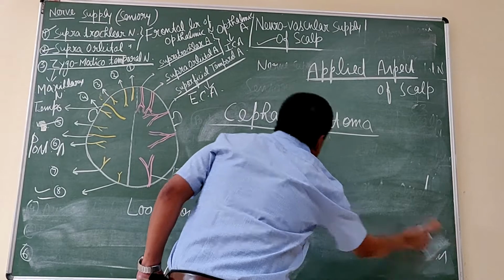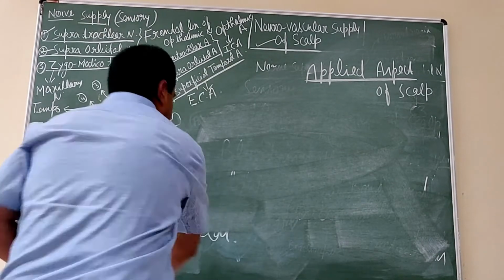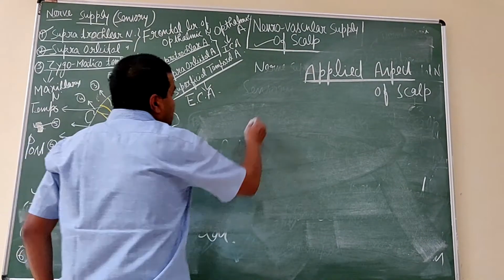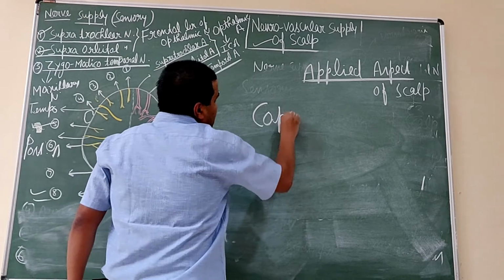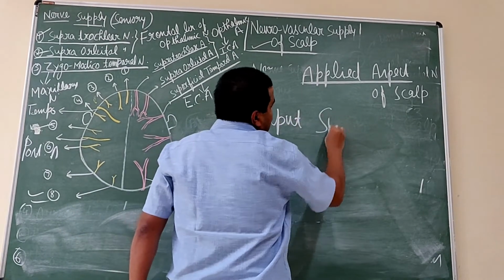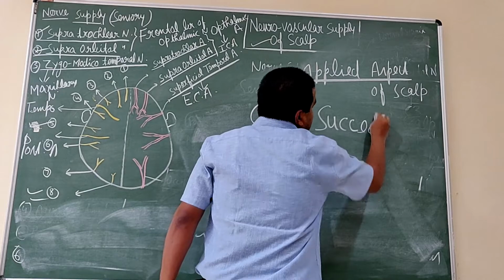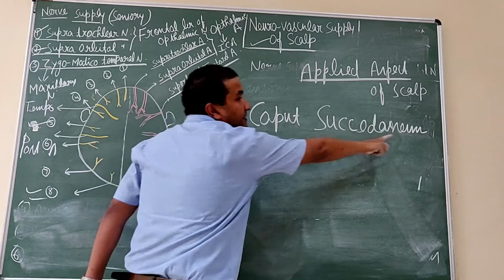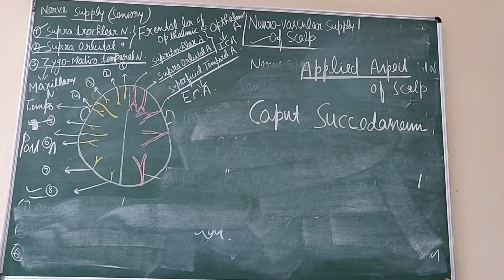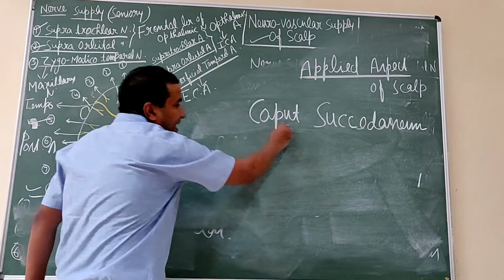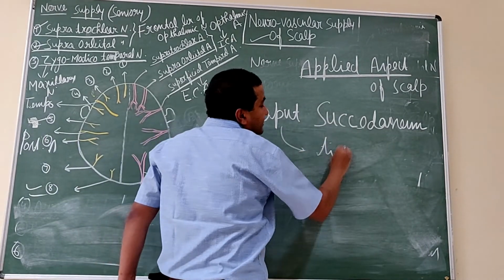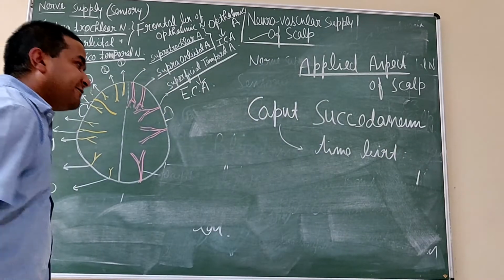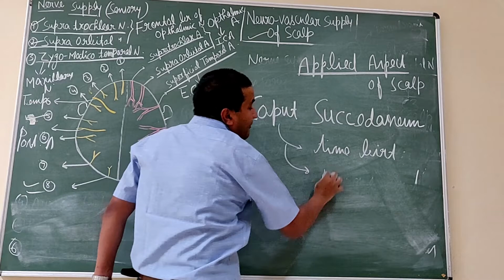And the same terms, another one is caput succedaneum. The caput succedaneum, this condition takes place at the time of birth, when the fetal head passes through the birth canal.